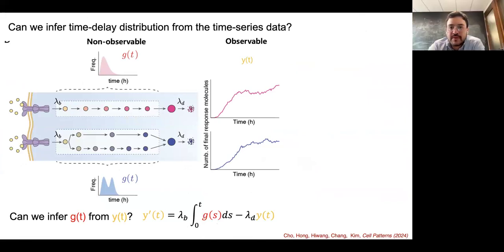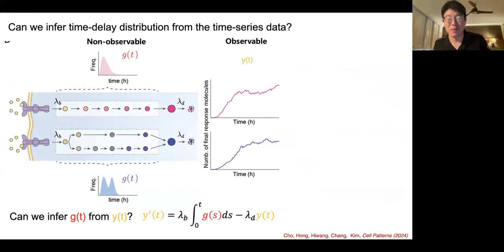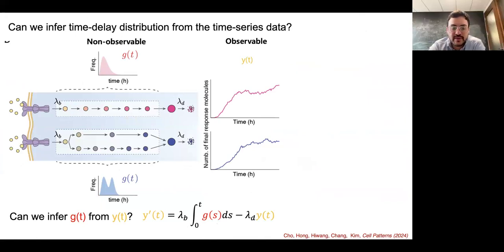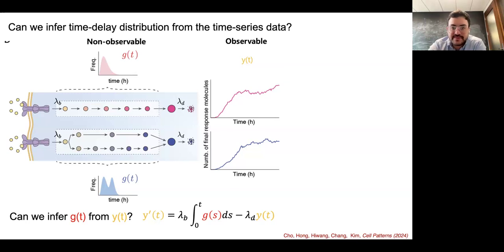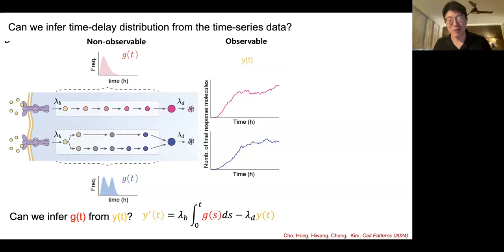Then we can use some Bayesian inference. If we can write down what G of S is, like G of S is gamma with alpha and beta, then we just need to estimate alpha and beta, right? Then it's an easy problem. But if we have no idea about G of S, then it's a way more difficult problem.